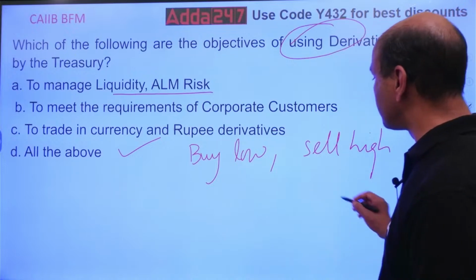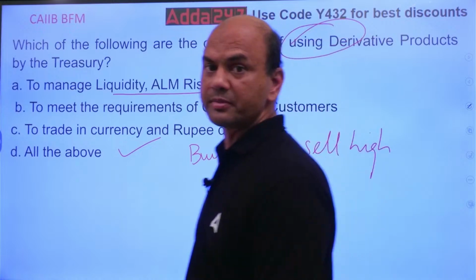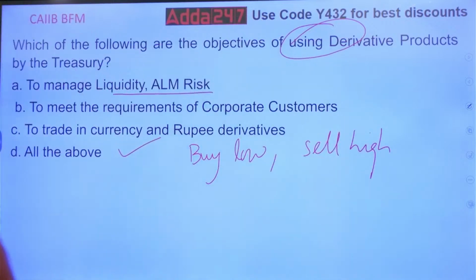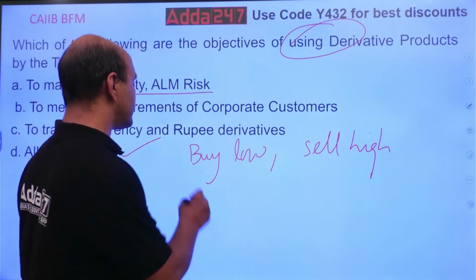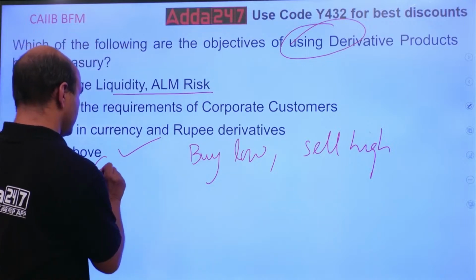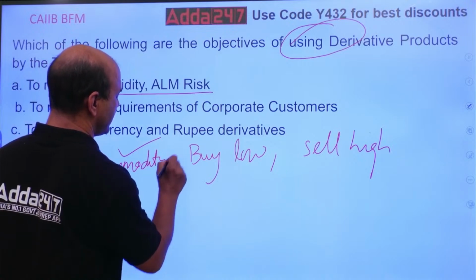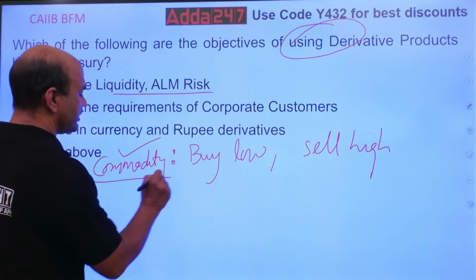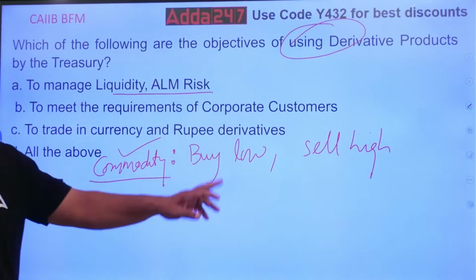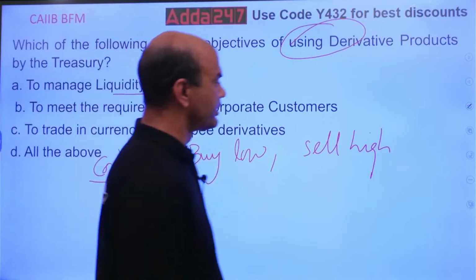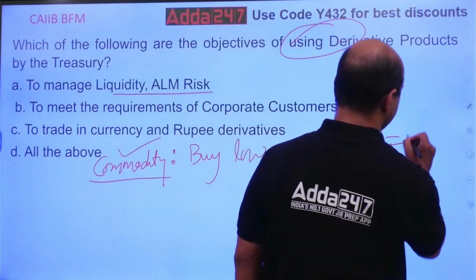But if the rate goes below your rate, then you will face a loss. In that case, what do you do? So this is known as commodity position. Whenever you buy any share, any bond, any gold, that is called a commodity. And this is known as a long position.